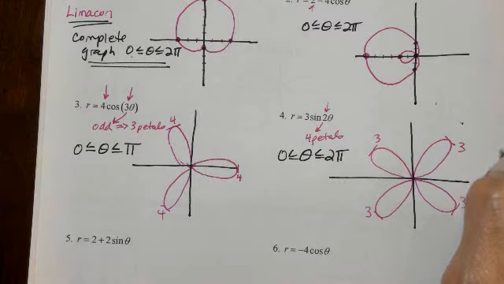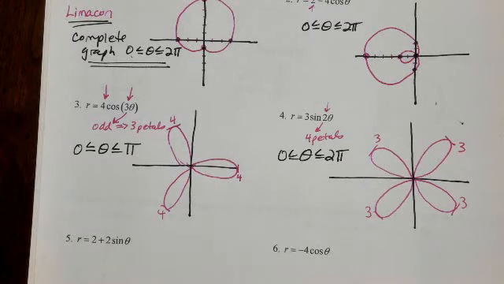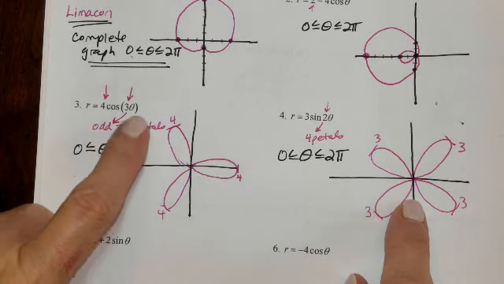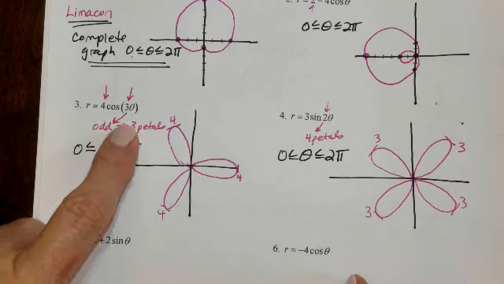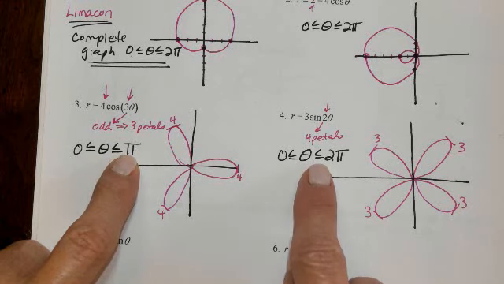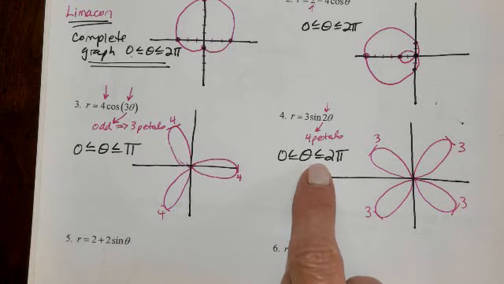Okay. So that was kind of interesting. Both roses, odd numbered petals only need 0 to pi. Even numbered petals need 0 to 2 pi. Okay.